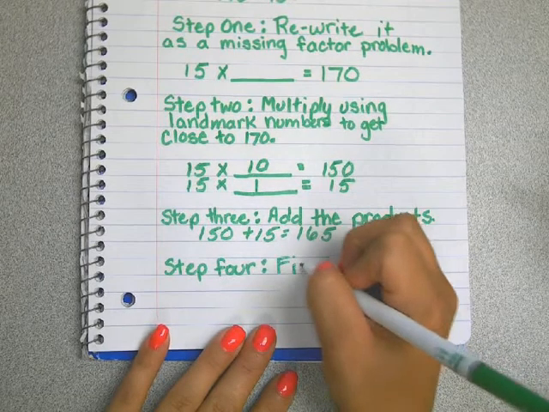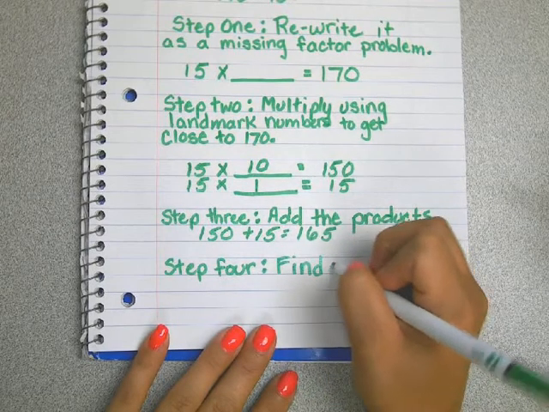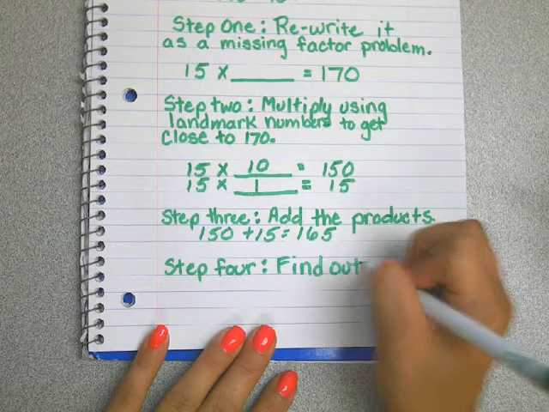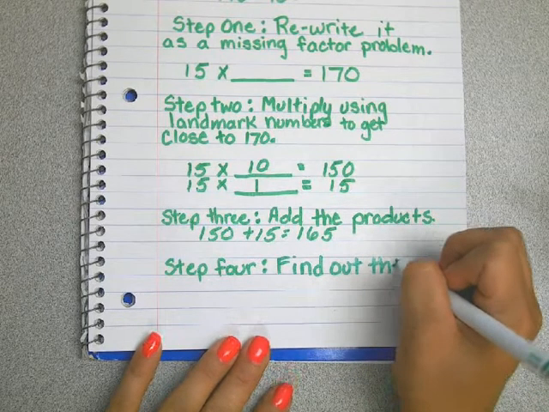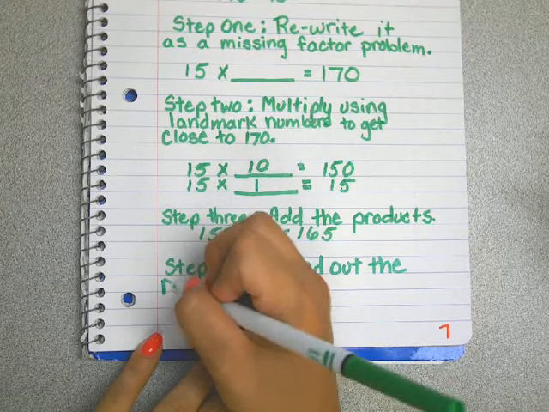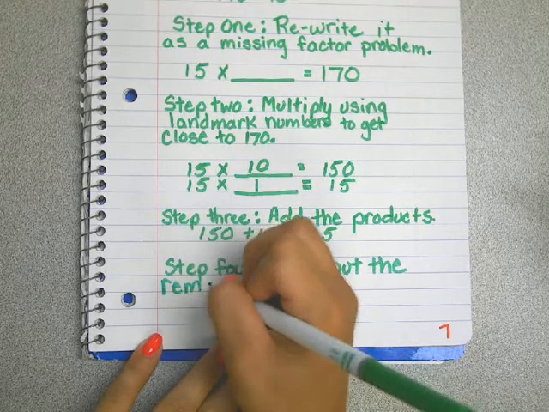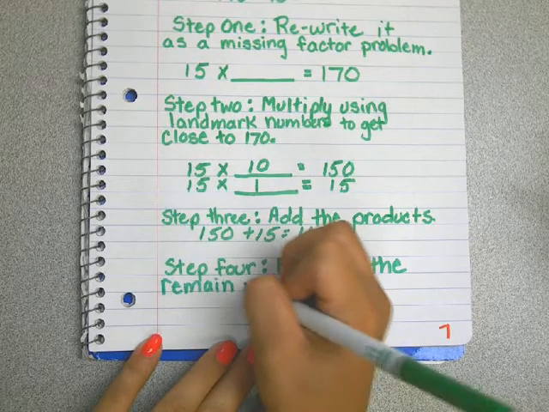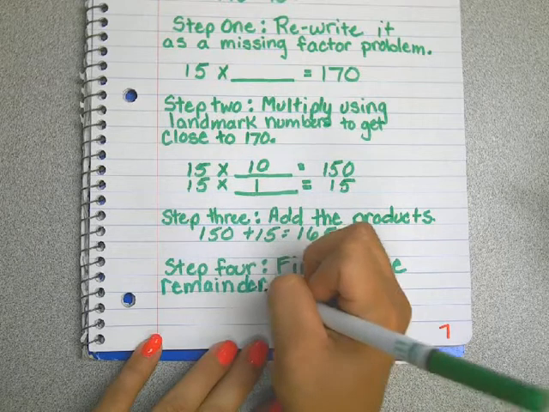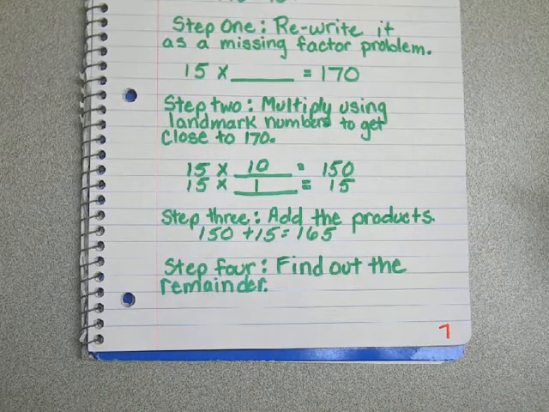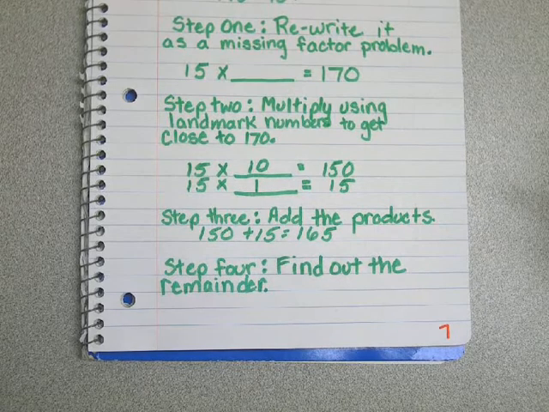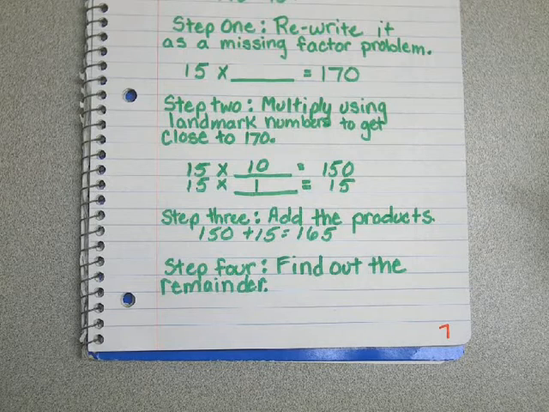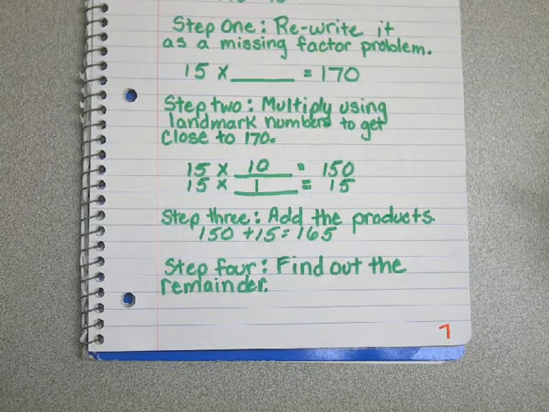So, step 4 is going to be about our remainder, I think. What do you think, Tucker? Find out the remainder. And we can subtract, can't we? What would we subtract? Allison?